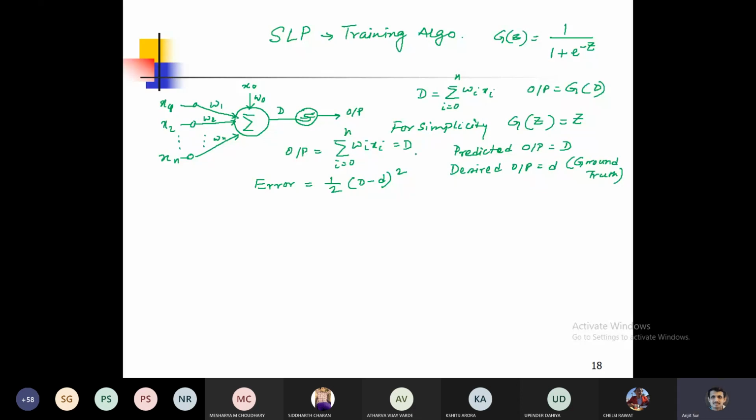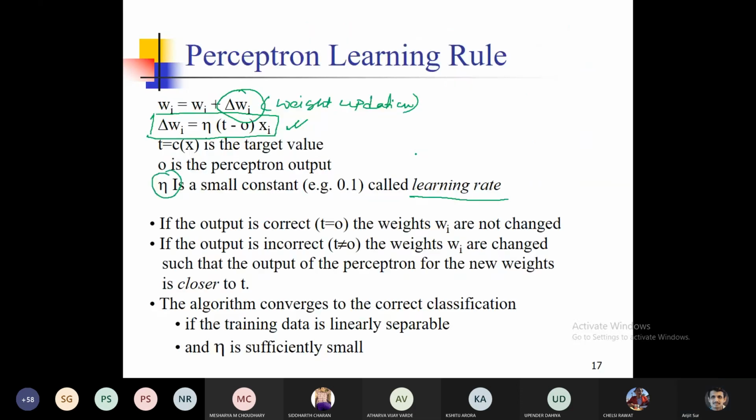Now we are going to see how actually we are going to train this. For that reason, this is our weight updation algorithm. So what is the weight updation algorithm?